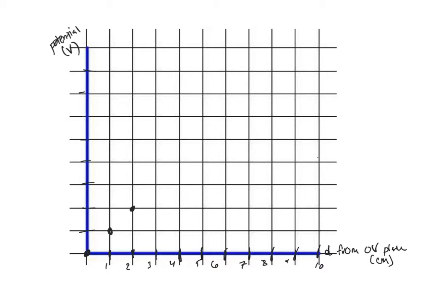And so I'm going to connect those in a nice, straight, easy line. Now, this is a nice straight line, so it is going to be very easy for me to figure out the slope of my line.